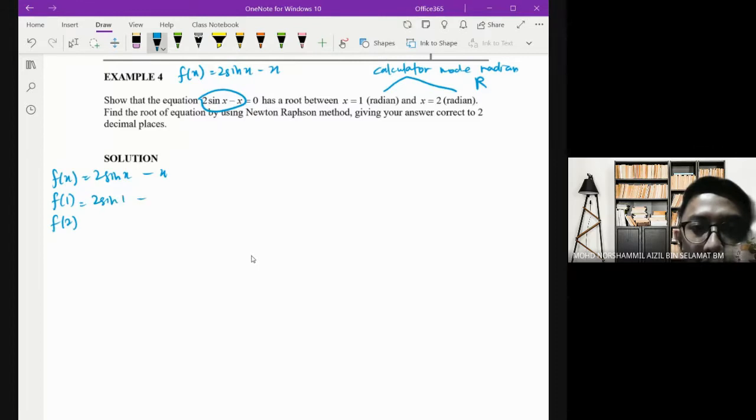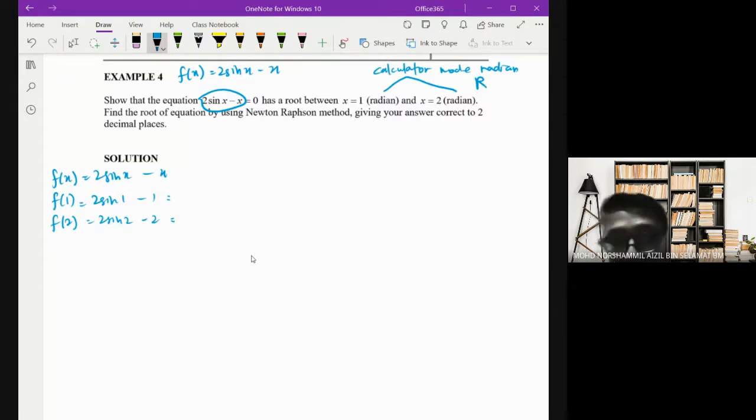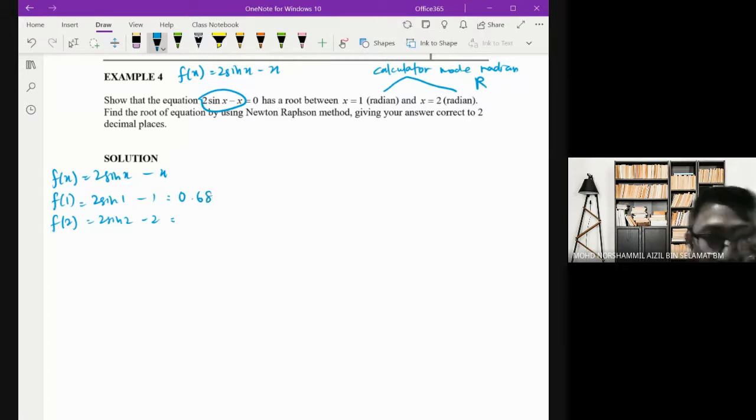2 sin 1 minus 1. 2 sin 2 minus 2. So the first one I obtain 0.683. The second one is 2 sin 2 minus 2, which is minus 0.181.